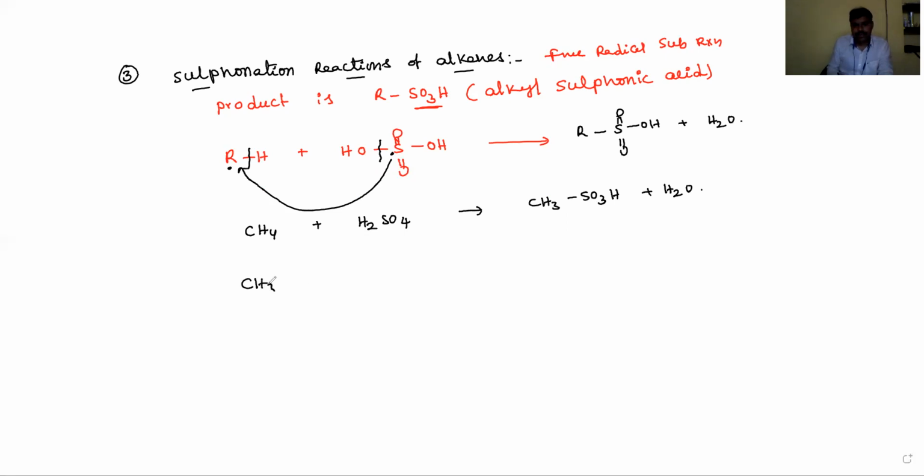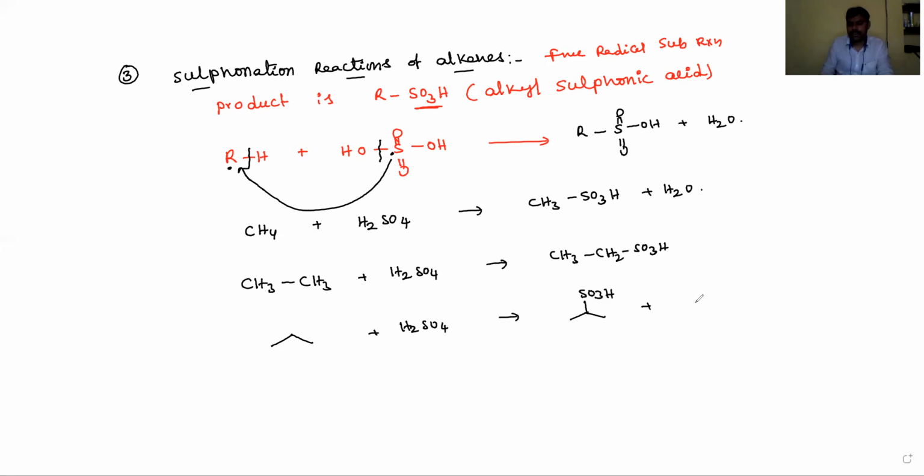For example, take ethane; it reacts with H2SO4 to form ethyl sulfonic acid, CH3-CH2-SO3H. And if you take propane, the major product is isopropyl sulfonic acid, and compared to it propyl sulfonic acid is the minor product.